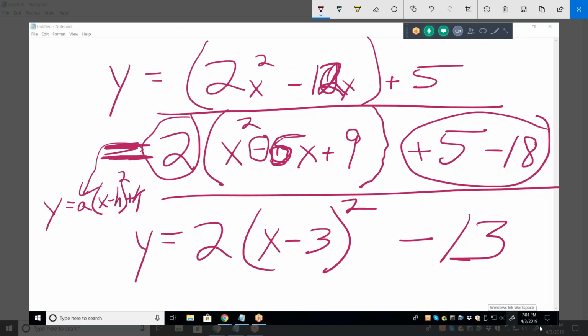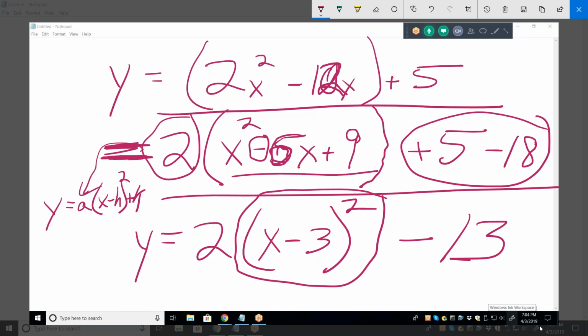Notice that if I FOIL x minus 3 times x minus 3, I get x squared minus 6x plus 9. In other words, the whole purpose of completing the square is so that you can write it as a single linear term squared. The x minus 3 being the linear term. I'm not writing it in a quadratic form really anymore.